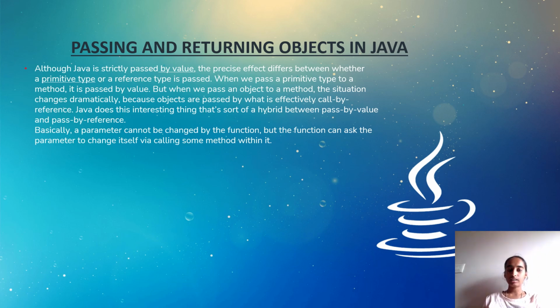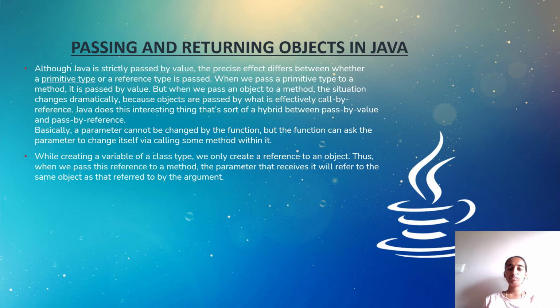Java does interesting things, a sort of hybrid between pass by value and pass by reference. Basically, a parameter cannot be changed by the function, but the function can ask the parameter to change itself by calling some method within it.